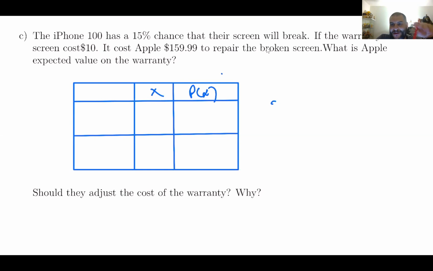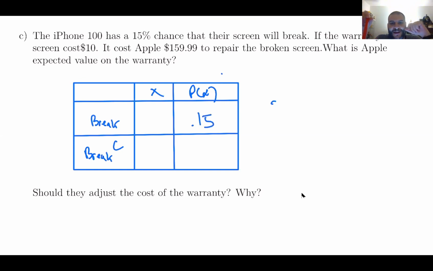Break or doesn't. So we'll say break, and we'll put the complement symbol for don't break. So what's the probability my iPhone 100 will break? All right, so we put 0.15.